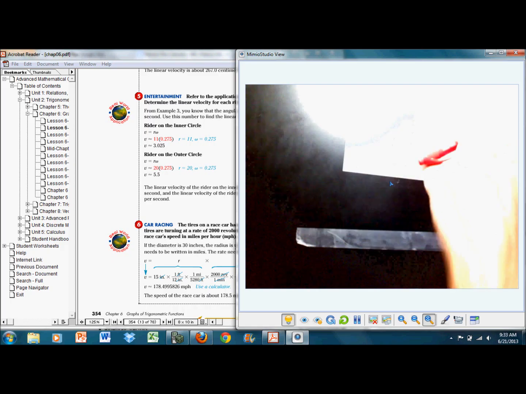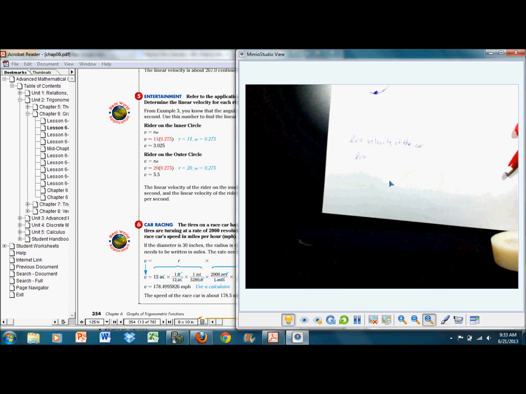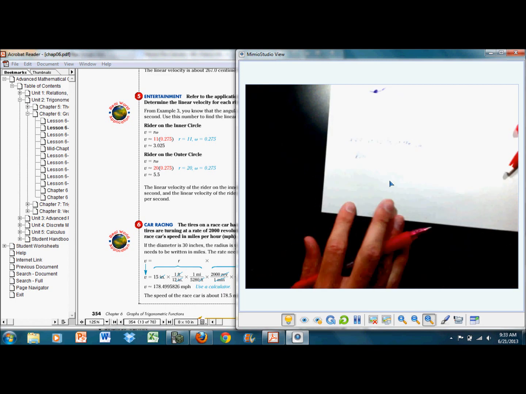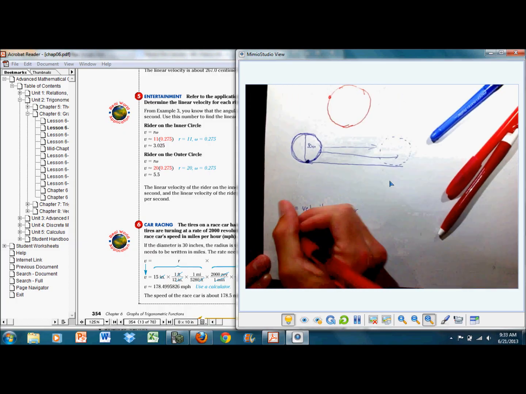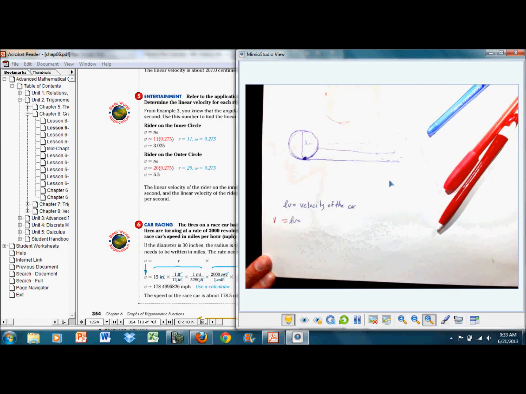So the distance traveled by the tape was equal to the circumference of the tape. So the velocity of the car is equal to the linear velocity of a point on the outside.